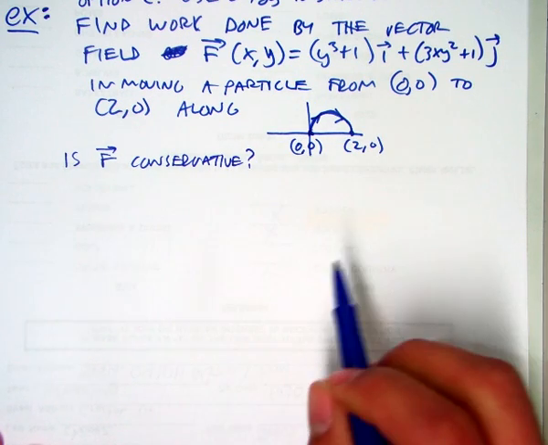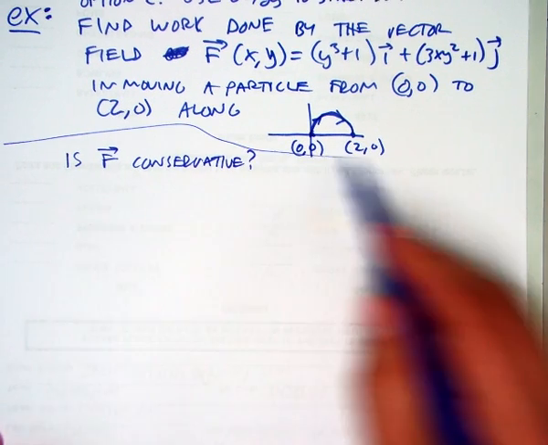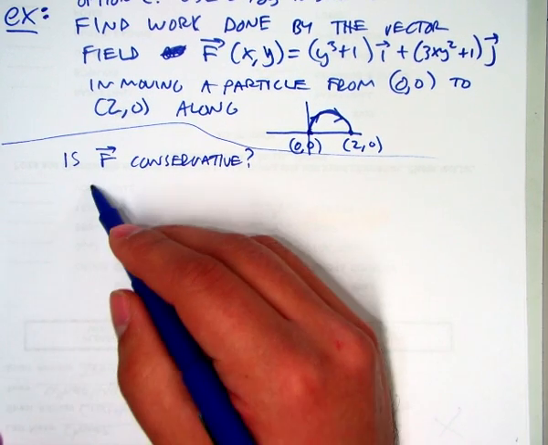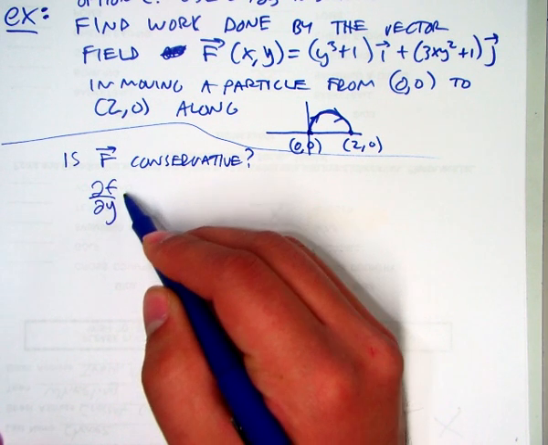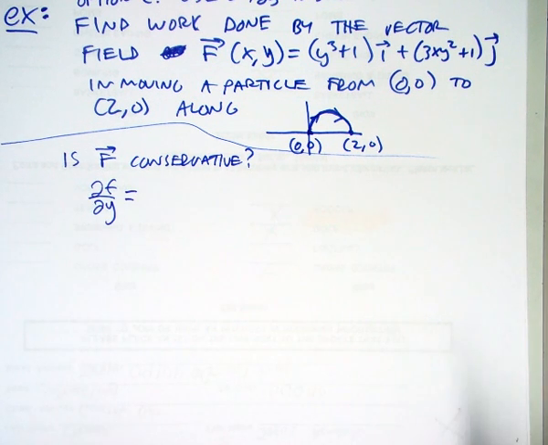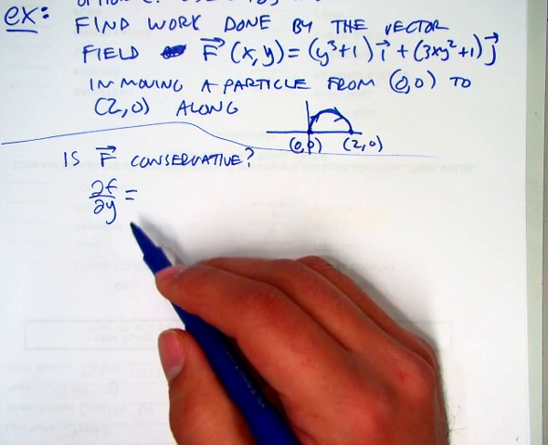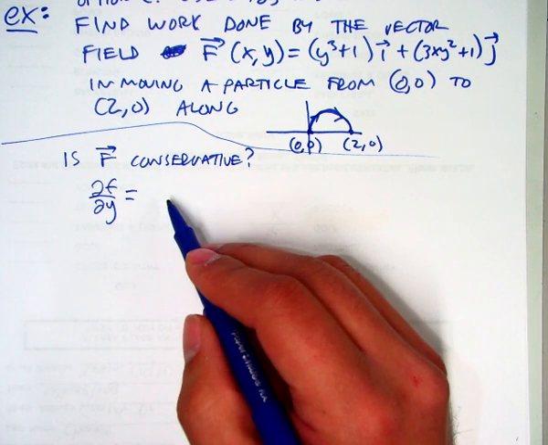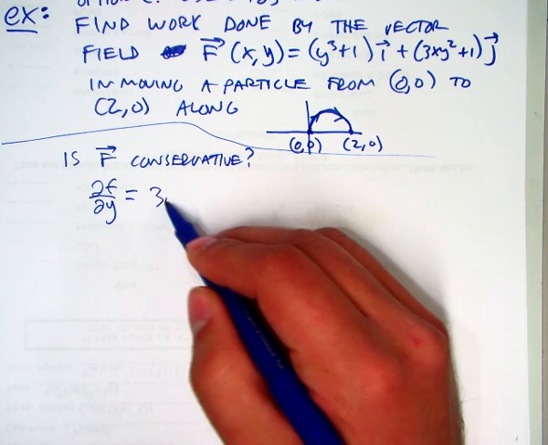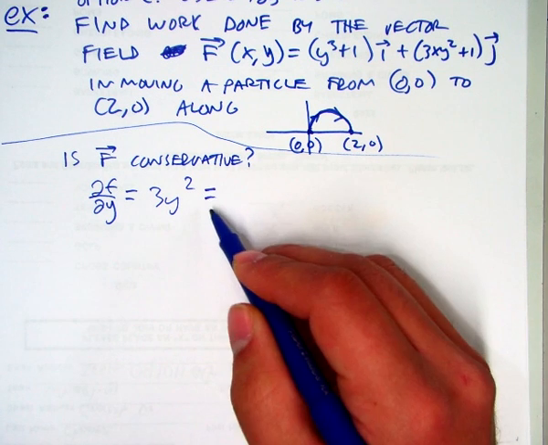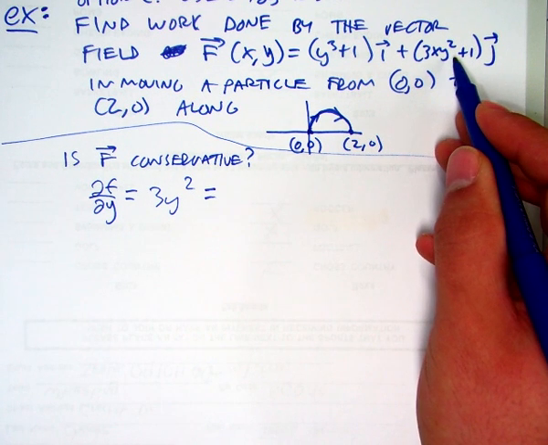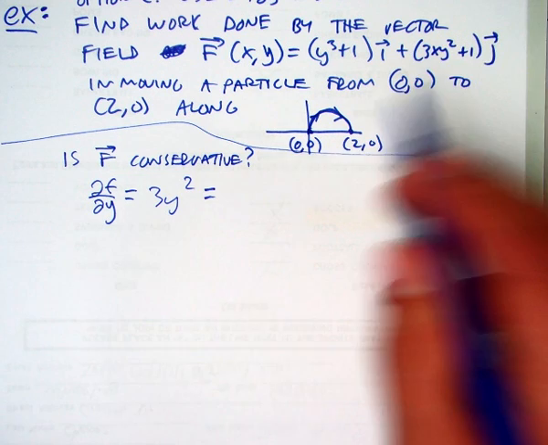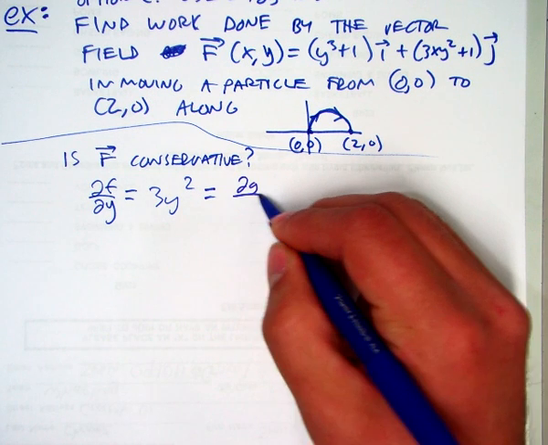So how do I check if F is conservative? Partial f, partial y. It's always opposite, right? What's partial f, partial y going to be? 3y squared. And let's confirm, does that equal g, partial x? It does actually. How nice.